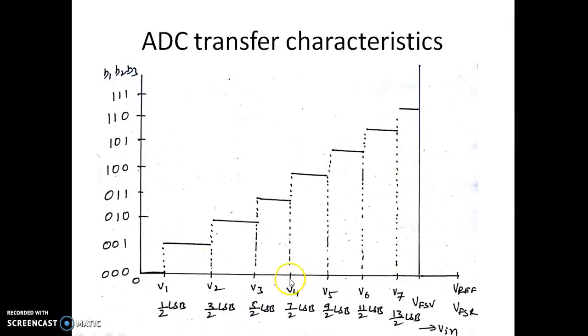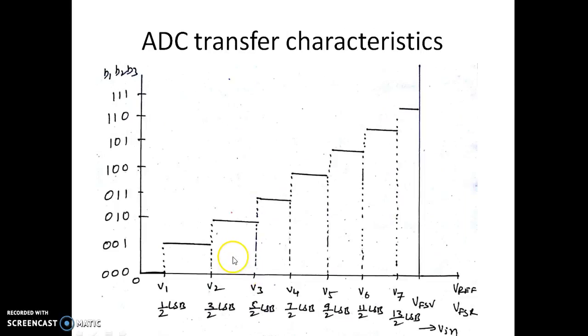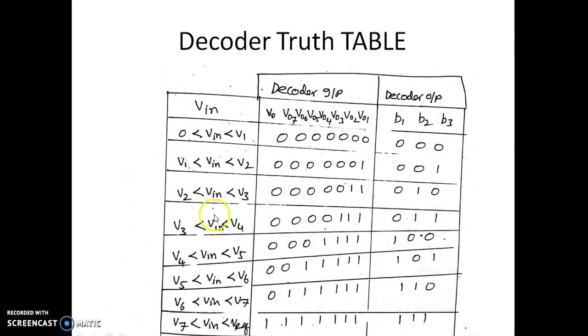So you take this condition where the input is between V4 and V5. Just go back to this and see, if the input is between V4 and V5, we have to have 1, 0, 0. So let us go back to the transfer characteristics and verify. When it is between V4 and V5, we are supposed to get the output as 1, 0, 0.